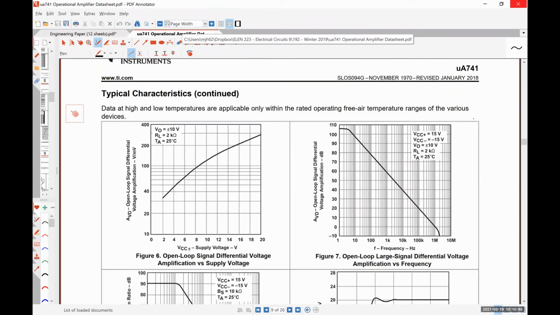So let's circle back around to this guy real quick. This plot here says it is the open loop large signal differential voltage amplification versus frequency.